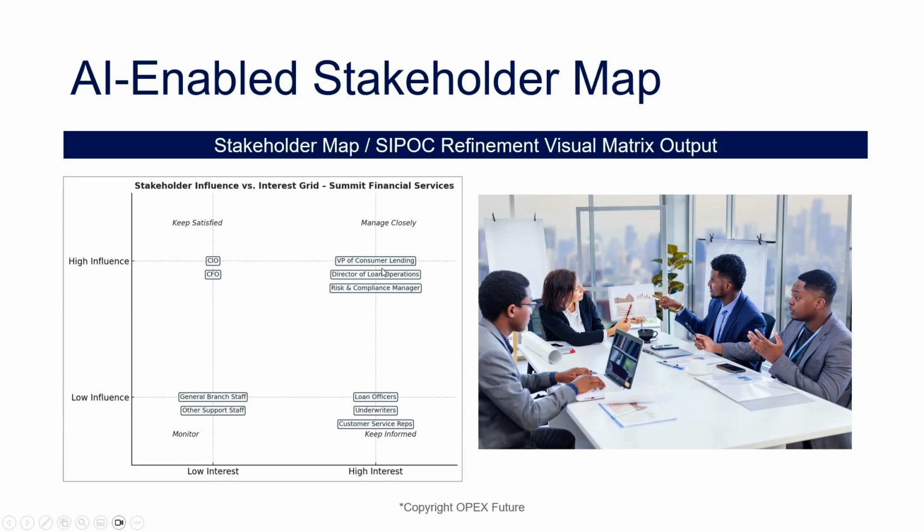We've got our VP of consumer lending, director of loan operations, risk and compliance manager, all in a managed closely group. To keep informed, we have our loan officers, underwriters, customer service reps, monitor, general branch staff, other support staff, and of course, to keep satisfied, our CIO and CFO.